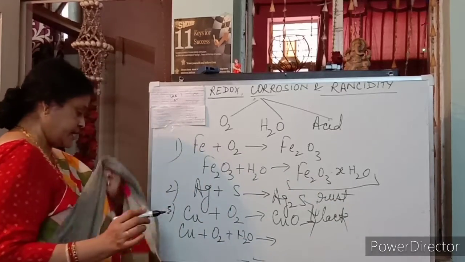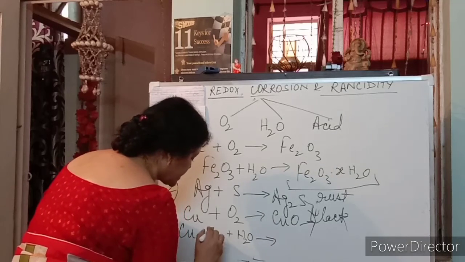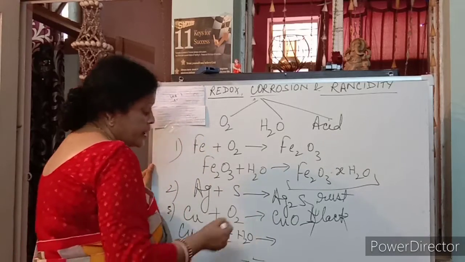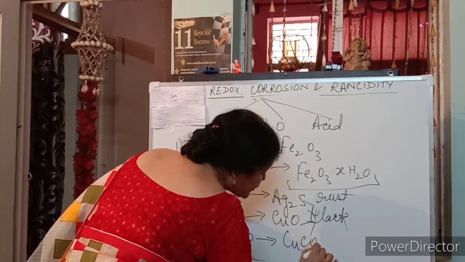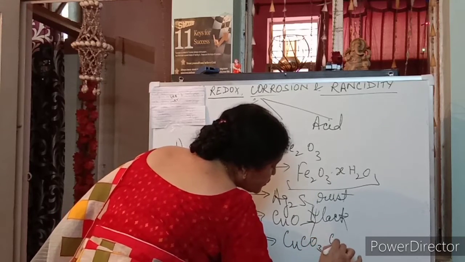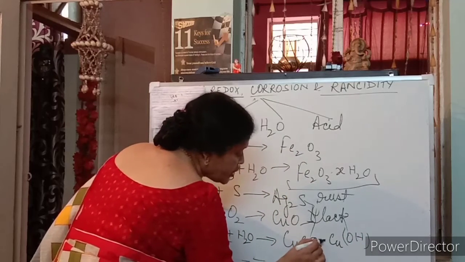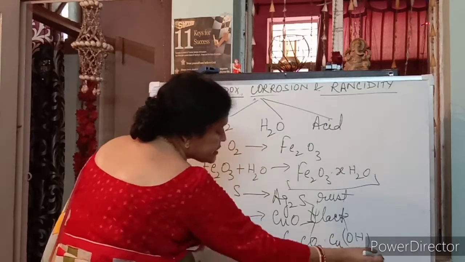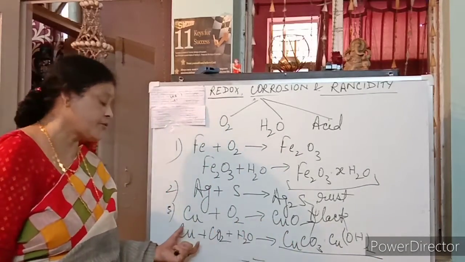Or the carbon dioxide from the air. Suppose carbon dioxide of the air is reacting. So it will form a greenish layer, that is CuCO3.Cu(OH)2, copper carbonate and copper hydroxide. This is the formula for the corrosion product of copper.